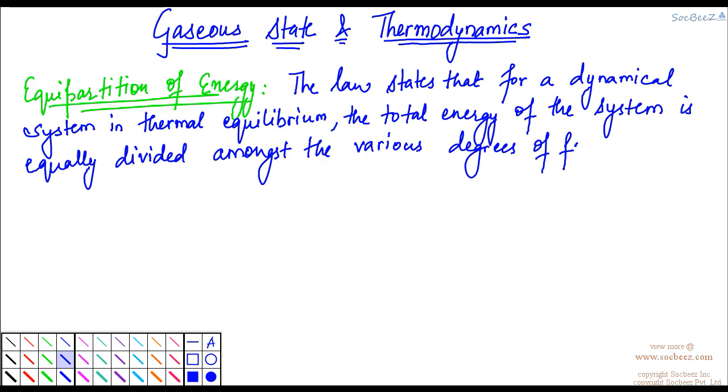Basically, it says that the division of the total kinetic energy is uniform across all the degrees of freedom.